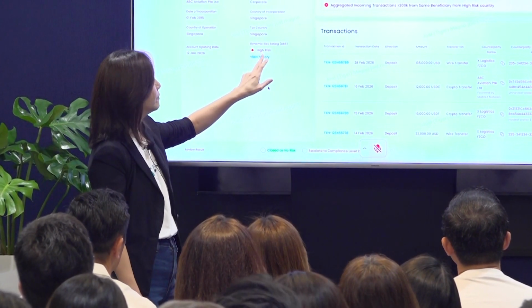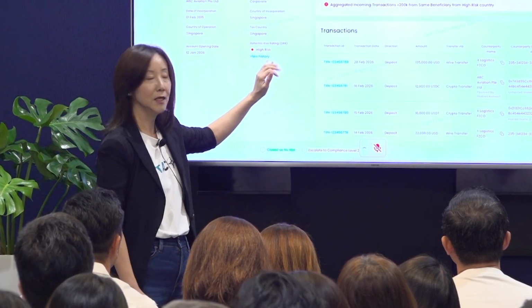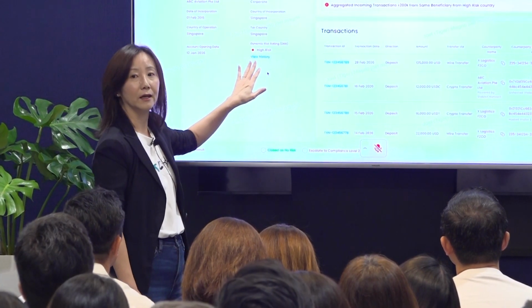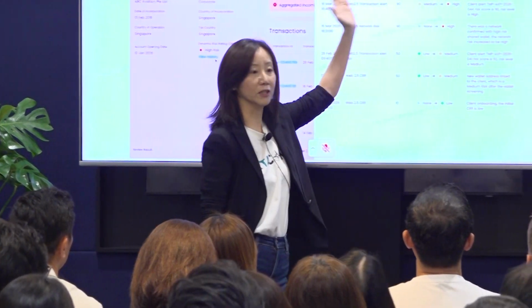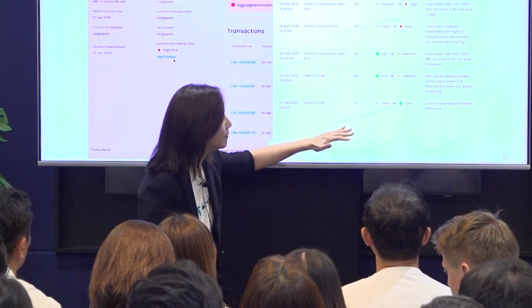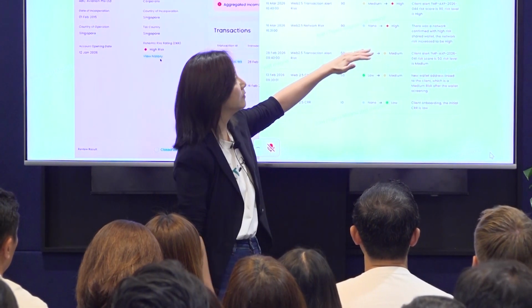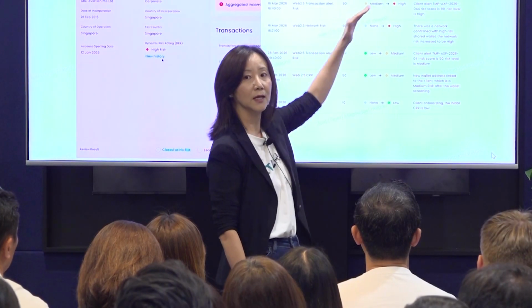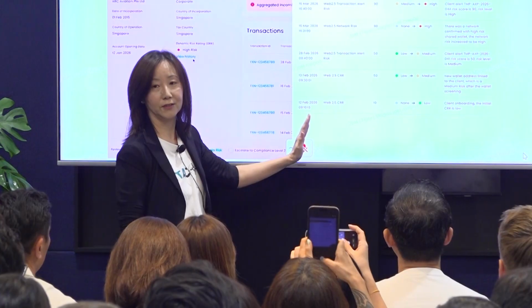So the client finally, after investigation, we mark as a high-risk client. We can also click here to view the history of how the risk level changed, starting from the very beginning when they onboarded, when they were attached, then when the client had transactions, what's the history for the CRR to change?